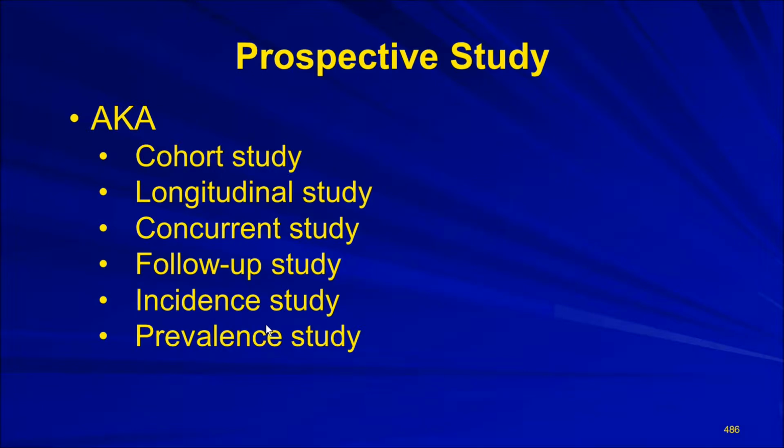So sometimes the word cohort is used with a historical prospective study, but by and large you can count on the fact that this term is reserved for a longitudinal study, and normally people who are well trained in epidemiology reserve this term exclusively for a longitudinal study.